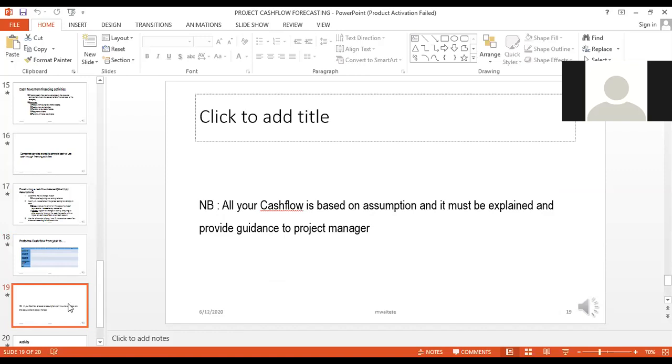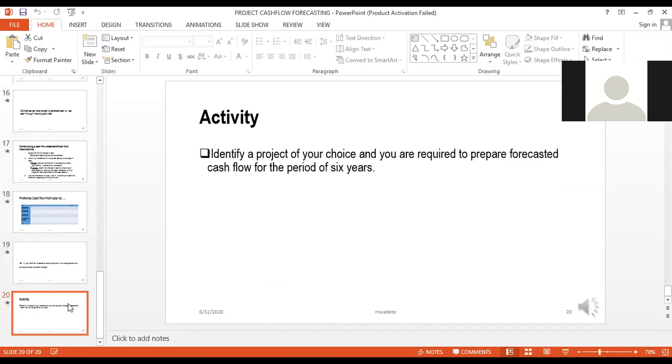The most important thing is that all cash flows are based on assumptions, and therefore you must provide guidance and analysis of the assumptions. Because I have given you the assignment, you will have to do it for yourself: a project of your choice, and develop the forecasted cash flow depending on the lifetime of your project.